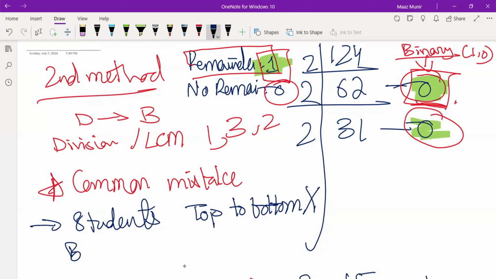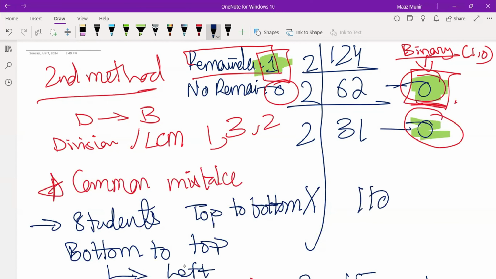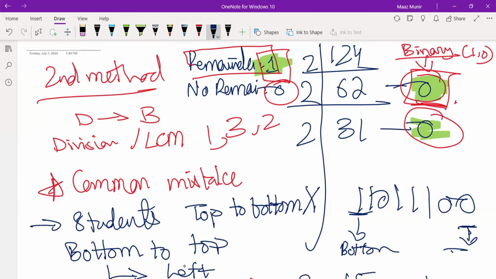You need to go from bottom to top. And the bottom one is the digit which is at the most left side. Like if we have this binary number, this most left one is your bottom digit, and this most right one is your top digit. All right, I hope this clarifies.